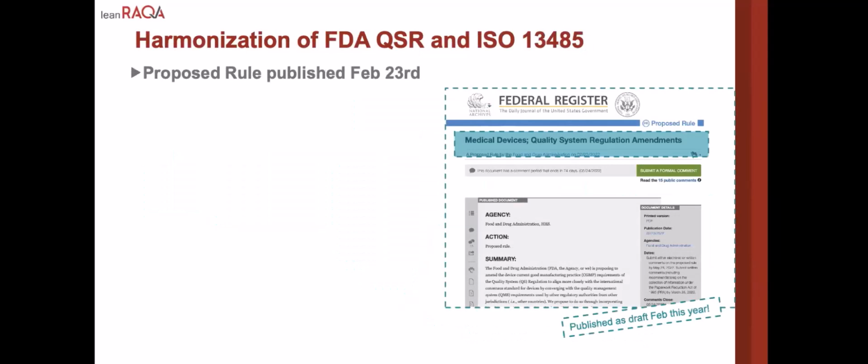So traditionally, FDA has had a regulation called 21 CFR 820, which is the quality system regulation. Now, over the years, ISO 13485 has grown closer and closer to the requirements of the QSR.